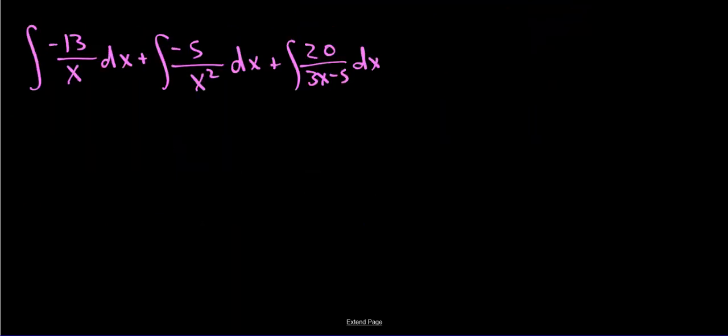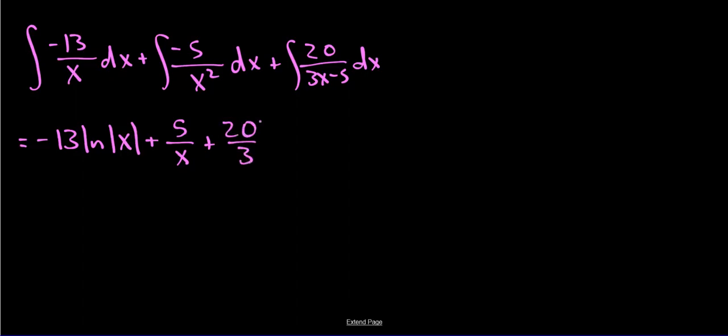Okay, so this one is going to give us negative 13 log x. Now I'm going to use the power rule for integration on the next one, and I believe what I'm going to get is 5 over x. Yeah, and then plus, now this one is going to be 20 divided by 3 times log of (3x minus 5).